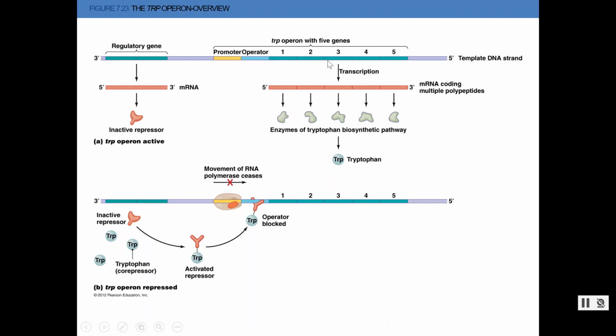So there is a polygenic structure with 5 different genes on one mRNA that's going to make 5 different proteins, which happen to be enzymes, which when they work together can make tryptophan from something else. Okay, so normally, since we need tryptophan, normally in a prokaryotic cell, this is always on.